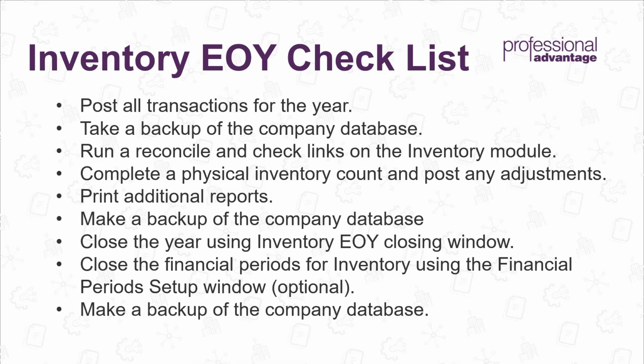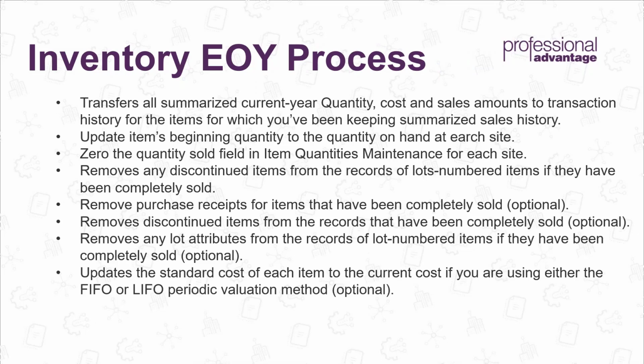Okay, now this is just a checklist for the inventory module. So what actually is happening as part of a module end of year process? There are a number of things happening behind the scenes, and some of this can be viewed from the user interface within GP.